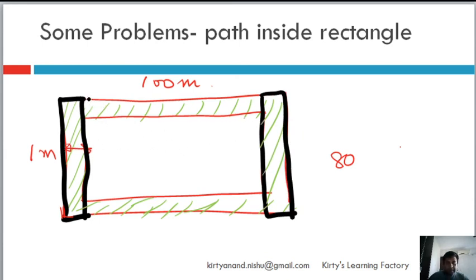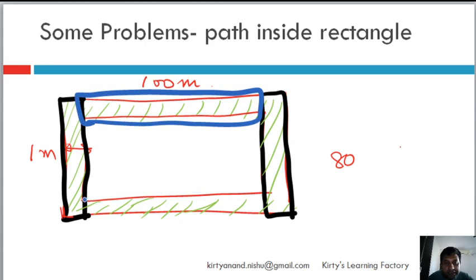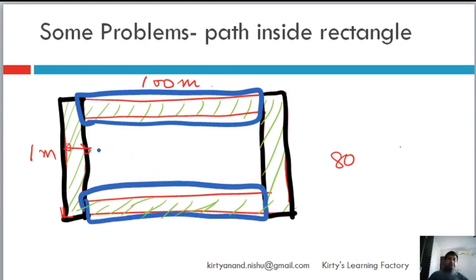And then it will be this rectangle right here and this rectangle right here, and again these two will be equal, right? So if we are able to find the areas of these rectangles, basically we are done.